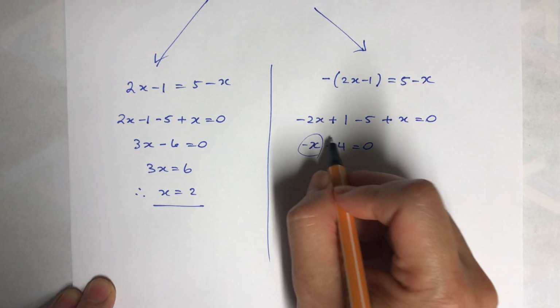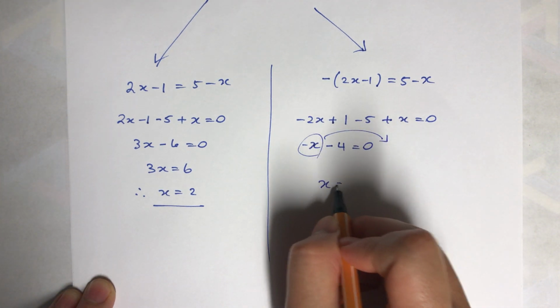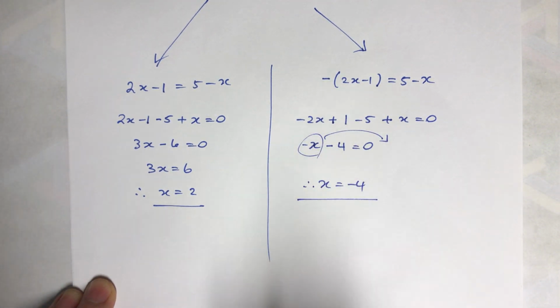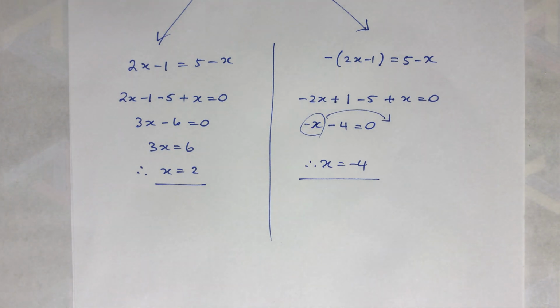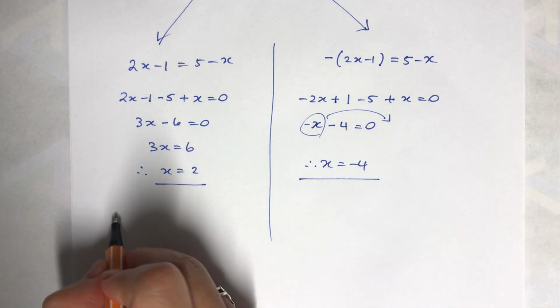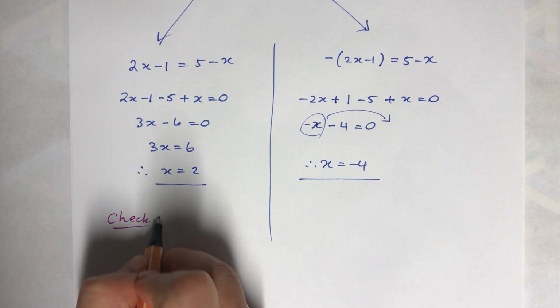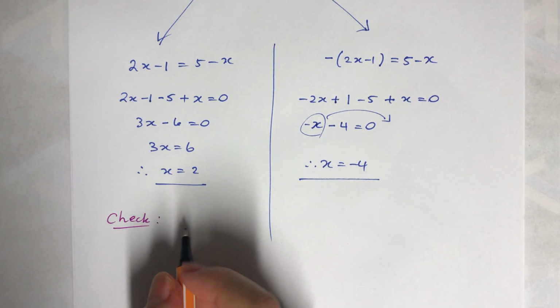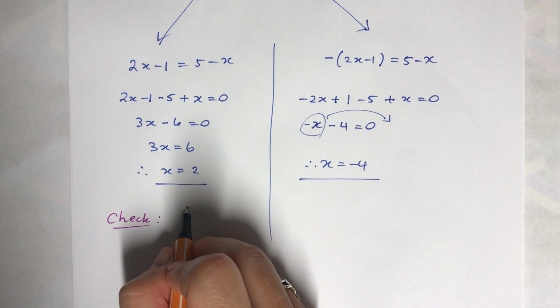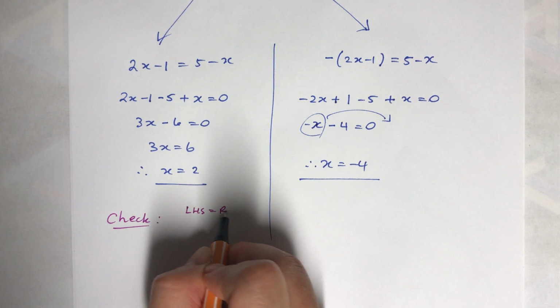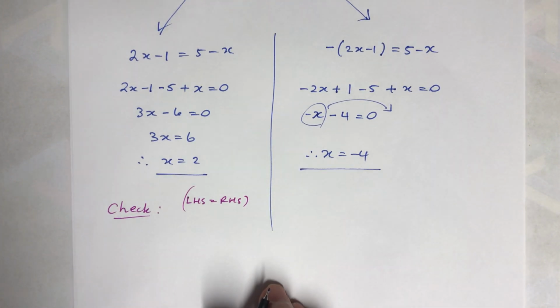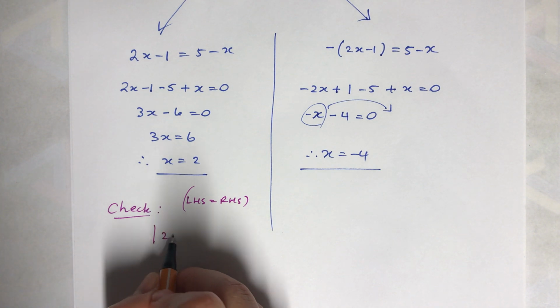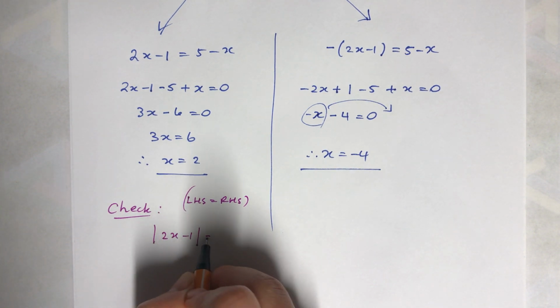And I'm just going to move that one to the other. So x equals minus 4. Excellent. So that's what I got. Now, that's not all. We have to check, okay? Check. When I say check, it means left-hand side equals right-hand side. So I'm going to use the formula I had from the beginning.